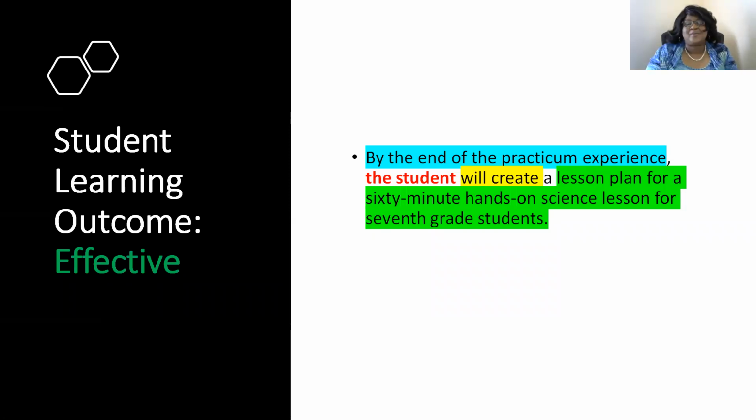But if we were to develop an assessment, we would be able to determine if they had a hands-on science lesson for whatever science it may be for those 7th grade students. So we would be able to do that and be more specific, even in our assessment.